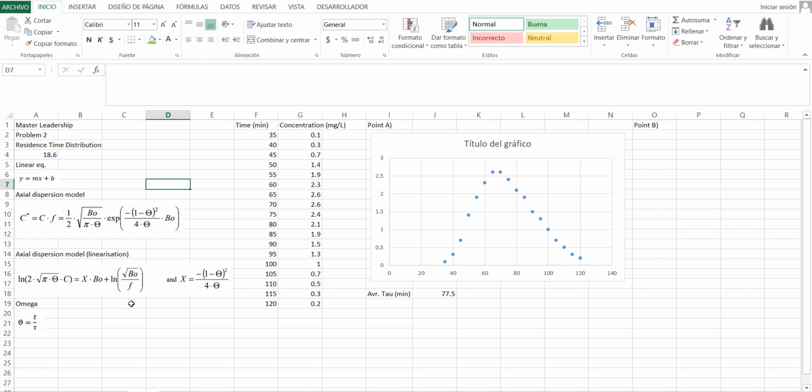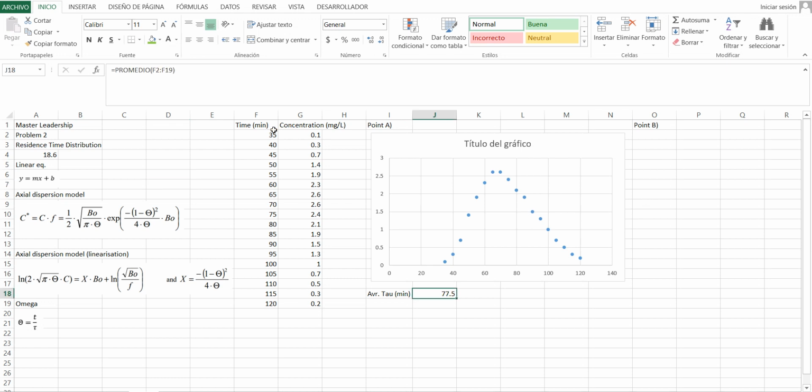Before we start, we need to calculate omega, since this equation has omega several times. Omega is just the division of time by the average tau that we calculated in the last point.